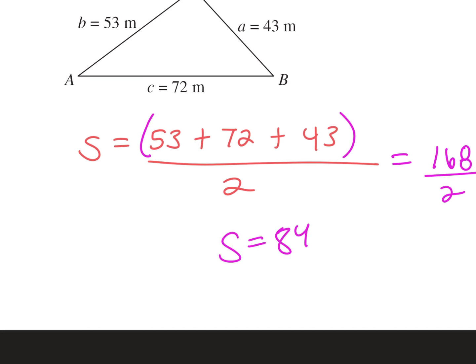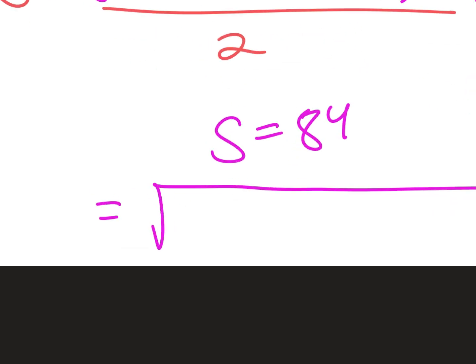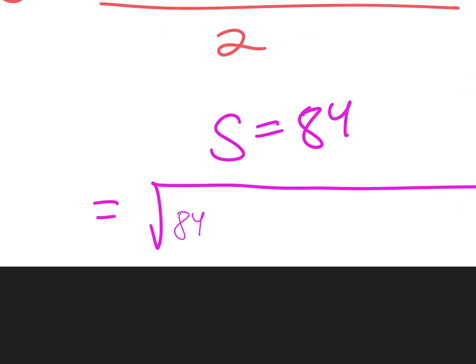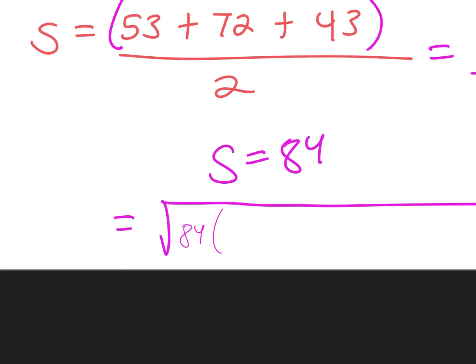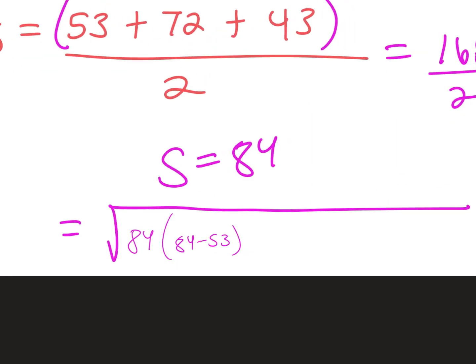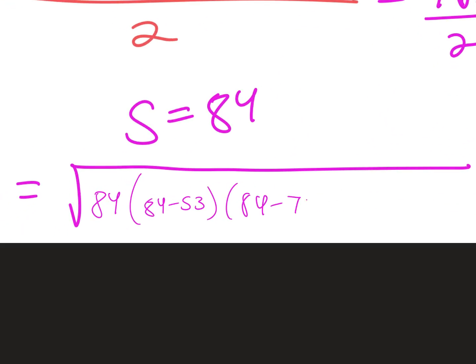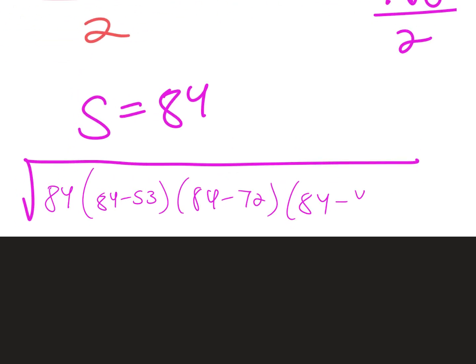Now, Heron's formula says the area is the square root of, you take your S value, which is 84, and then you subtract 84 from A, B, and C. Doesn't matter what order. So I'm going to say 84 minus 53, that's one of the sides, right? Times 84 minus 72 times 84 minus 43.